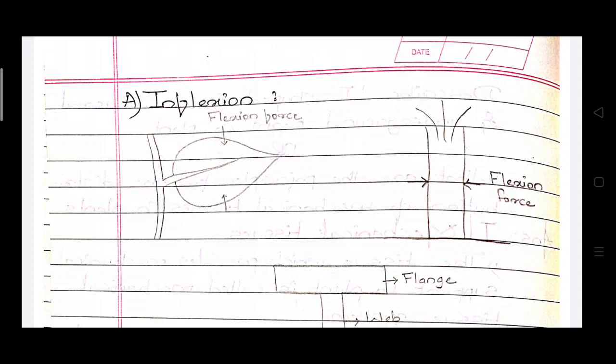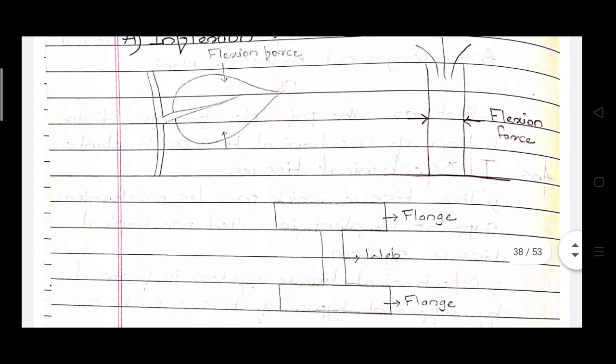Similarly, in the stem of the plant, there is also a requirement of mechanical tissue. In the stem, for the standing of the plant, a force on the two sides will be required. That force is known as the flexion force.